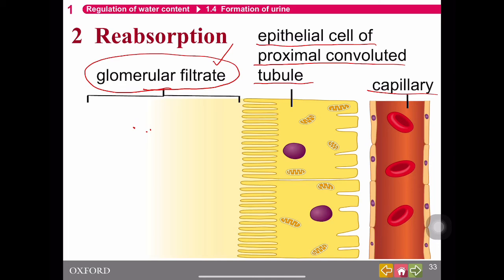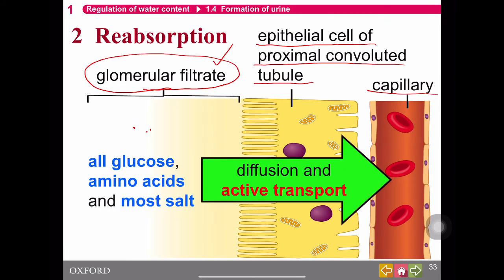Now, first, about glucose, amino acids, and most salts. They are reabsorbed mainly by active transport. Okay, some diffusion will also occur, but the main method is active transport using energy.